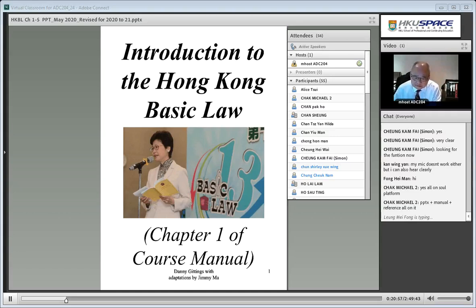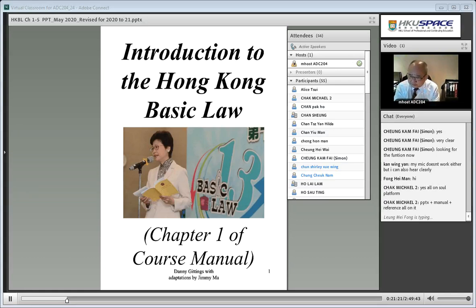Now, the Basic Law itself is not big at all. Oh, where have I put my Basic Law? Yep, right. The Basic Law itself is just a pretty thin book, if you like.